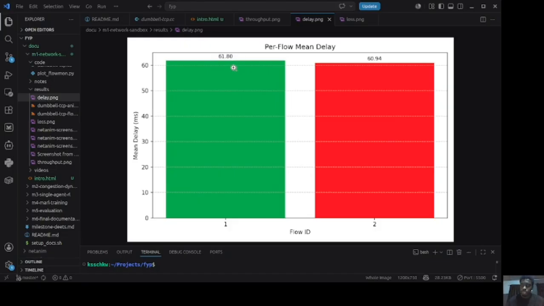The base propagation delay of the bottleneck is only about 20 milliseconds, so the extra 41 milliseconds is the queuing delay. That's the time packets spend waiting in the router's buffer. That's the buffer I set up intentionally, and that's it in action.